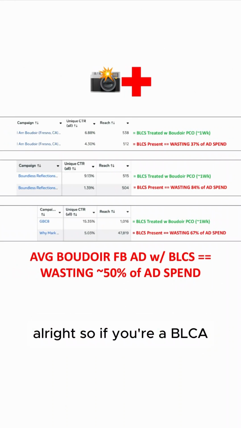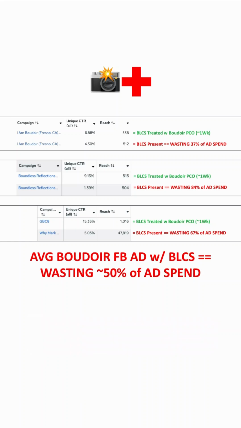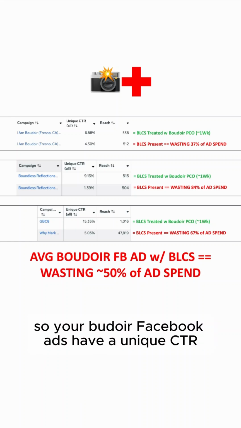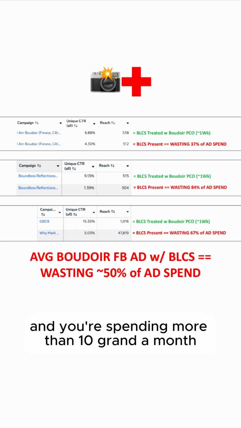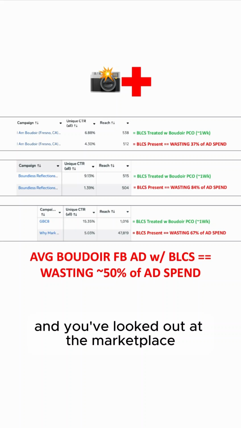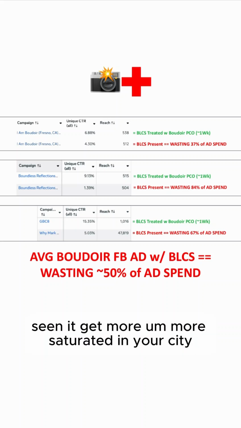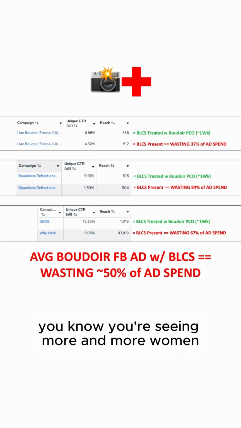All right, so if you're a BLCA with BLCS, so a Boudoir low click advertiser with Boudoir low click syndrome, so your Boudoir Facebook ads have a unique CTRL under 6%, and you're spending more than 10 grand a month on Boudoir Facebook ads, and you've looked out at the marketplace, seeing it get more saturated in your city, and you're seeing more and more women.